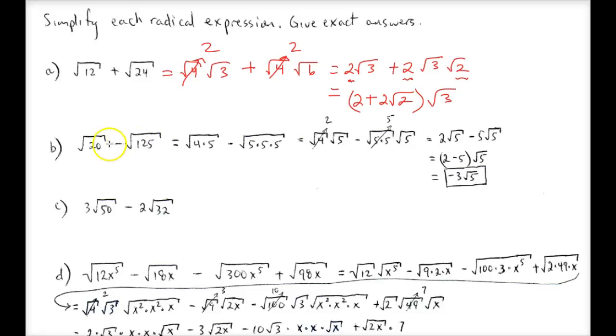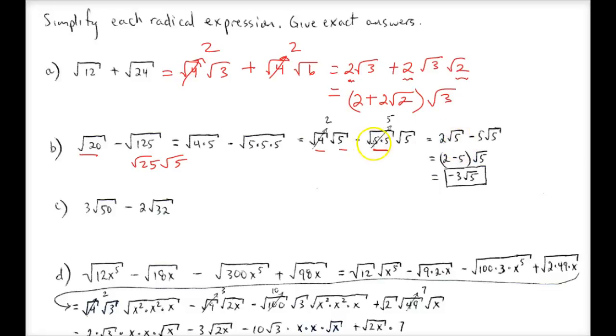For example B, you see that we're doing pretty much the same thing. We write down square root of 20 as square root of 4 times square root of 5. Break down square root of 125 as square root of 5 times 5 times 5. And of course, if we break that down some more, we see that it just looks like square root of 25 times square root of 5.